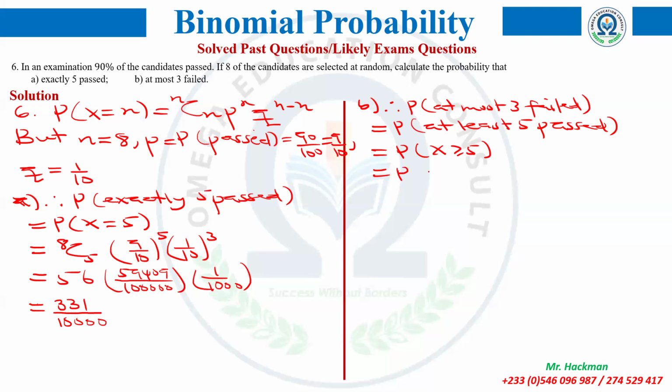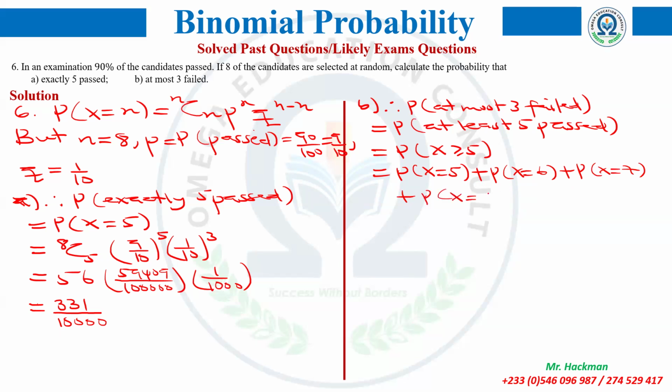So that will give us P(X equal to 5) plus P(X equal to 6), P(X equal to 7), and P(X equal to 8).